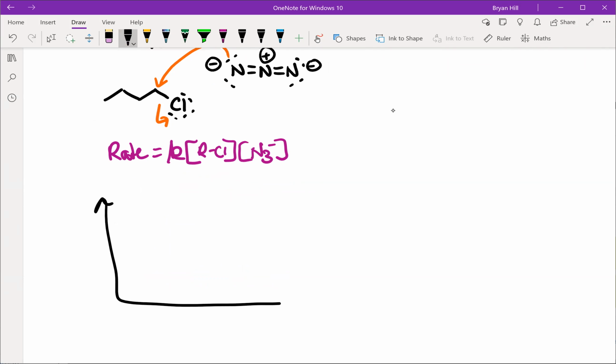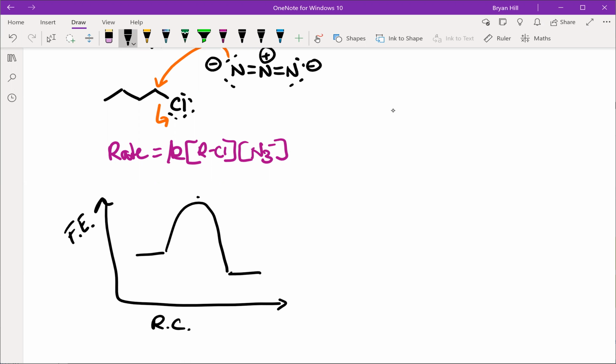So this would be free energy, and this would be the reaction coordinate. It would just be a single hump in the middle.